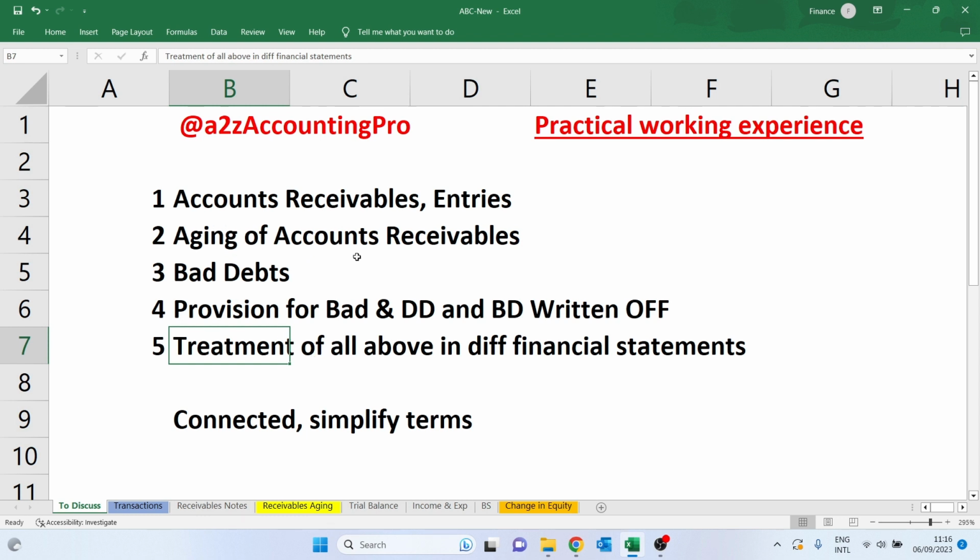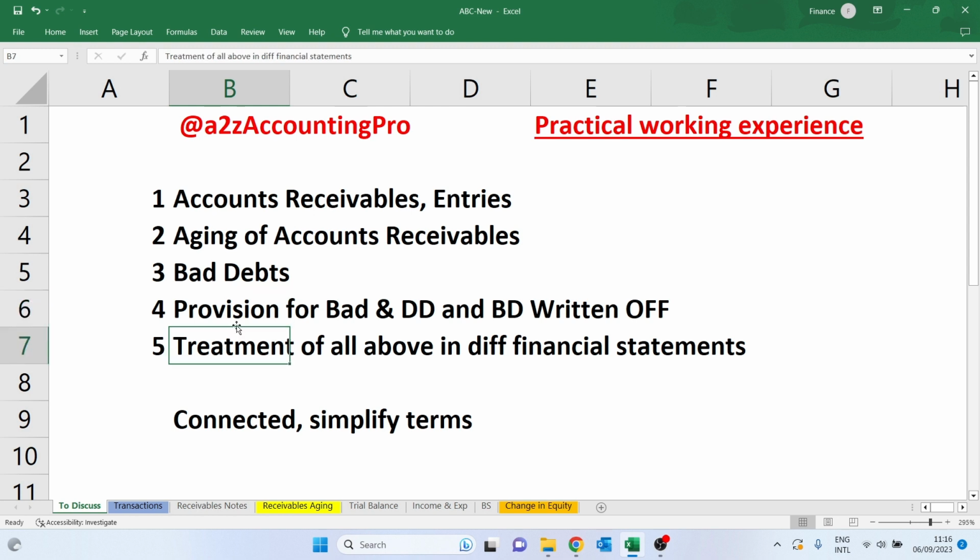Before starting, let me tell you, these topics are all connected to each other. So don't skip any of these parts, because if you skip one part you will not understand the next step.